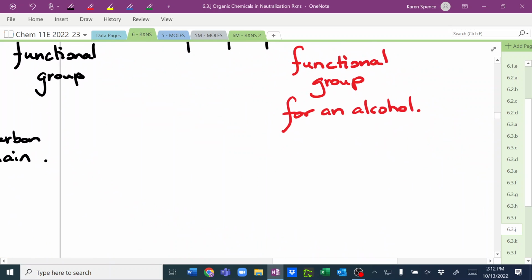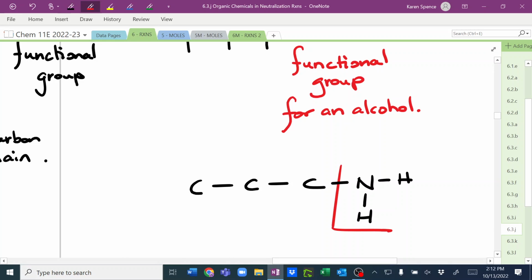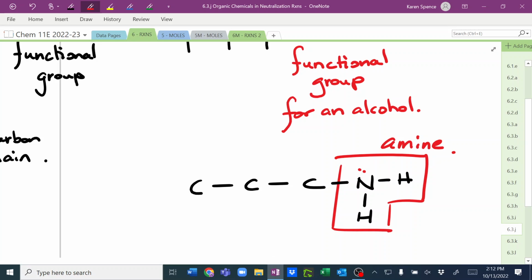If we had a carbon chain and we stuck a nitrogen on it, this functional group is called an amine. No, you don't need to know that. I'm just giving examples of things that are functional groups. They just get stuck on, and you could stick it on the end, or you could stick it in the middle, okay?